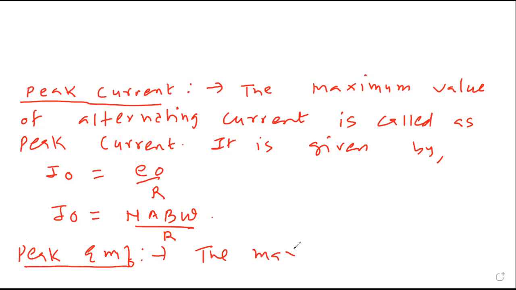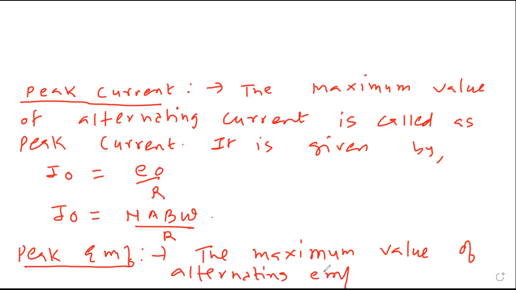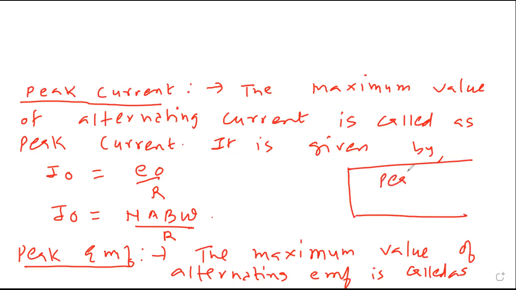The maximum value of alternating EMF is called as peak EMF. It is given by E naught equals to NAB omega. Right.